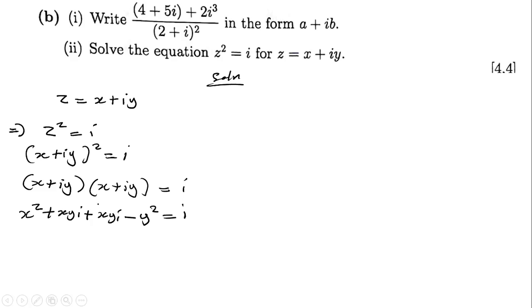So with that in mind, that's what we have. So this can be rewritten as x squared minus y squared, and then you say plus 2xyi is equal to i.